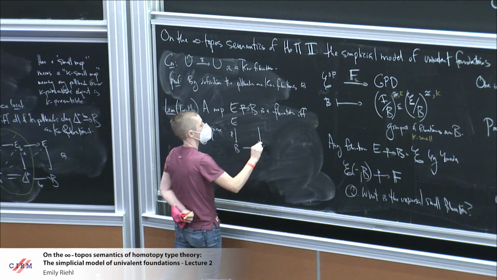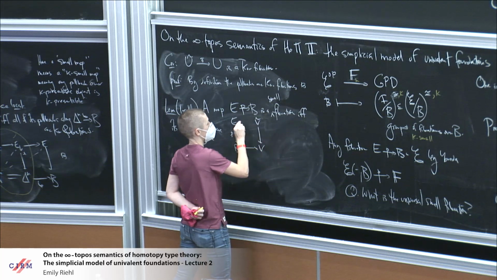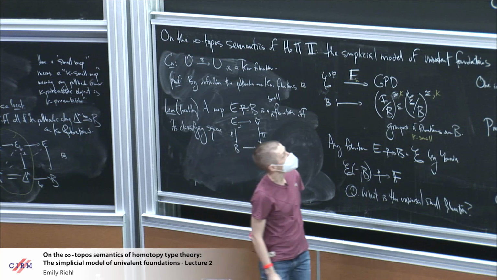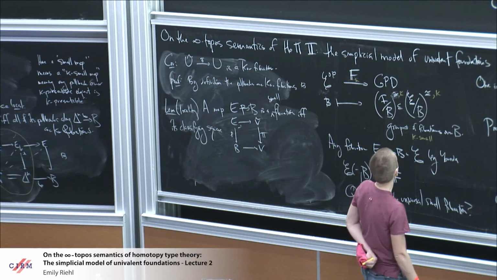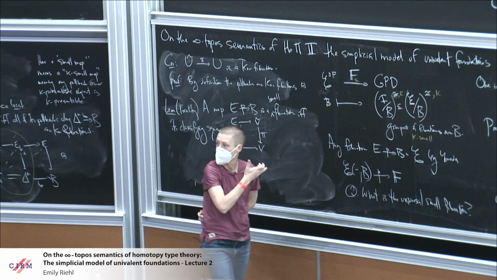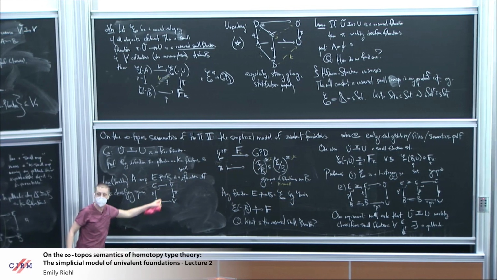So this should be a small map. We've proven that Hofmann-Streicher universes, since they're the universal small map, are indeed small map classifiers. So by that lemma up there, they're a weak classifier for small maps. So for any small map, there exists a pullback like this.